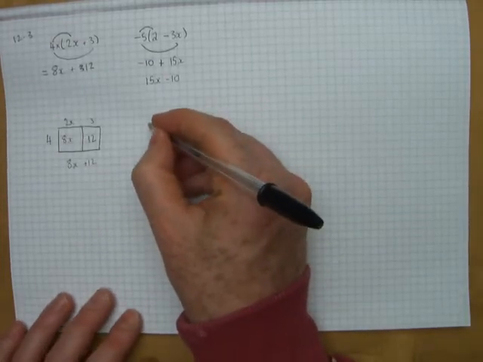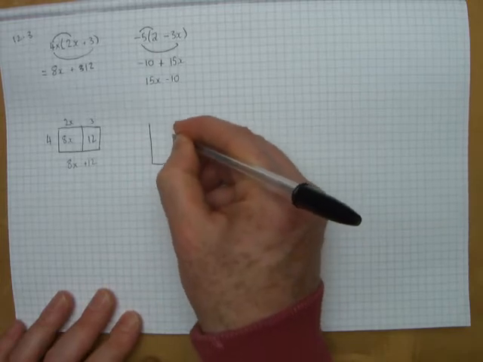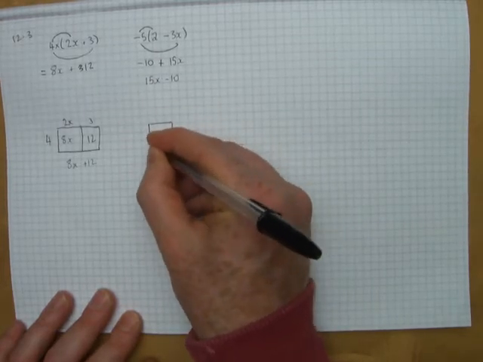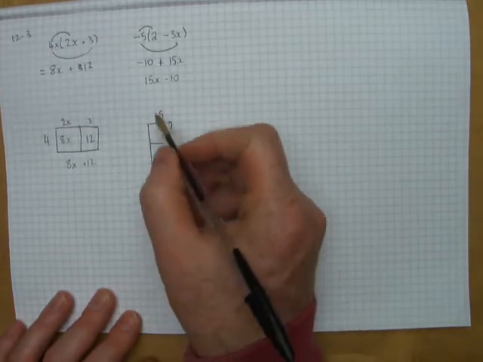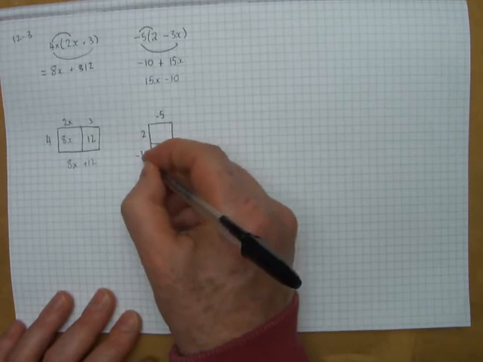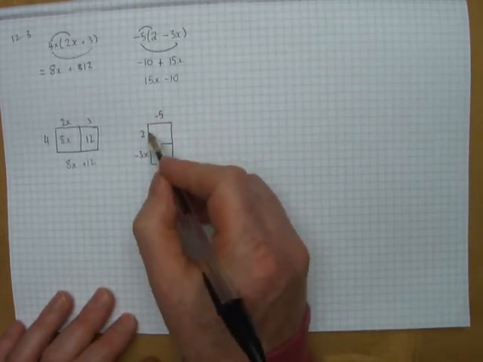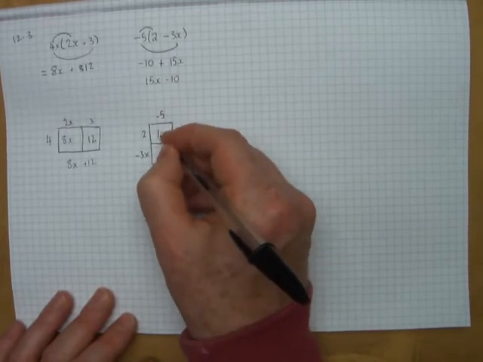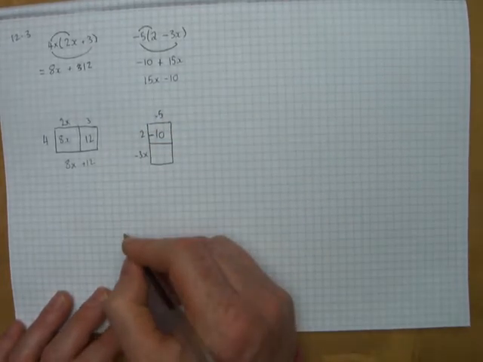Similarly over here, I'm going to draw the rectangle slightly differently, just to show that it's the same. We can put a minus 5 as the width, and then it's a 2 minus a 3x, so 2 and minus 3x. The area here, if there was no minus sign, it would be 2 times 5, which is 10. But there is a minus times a positive is a minus.